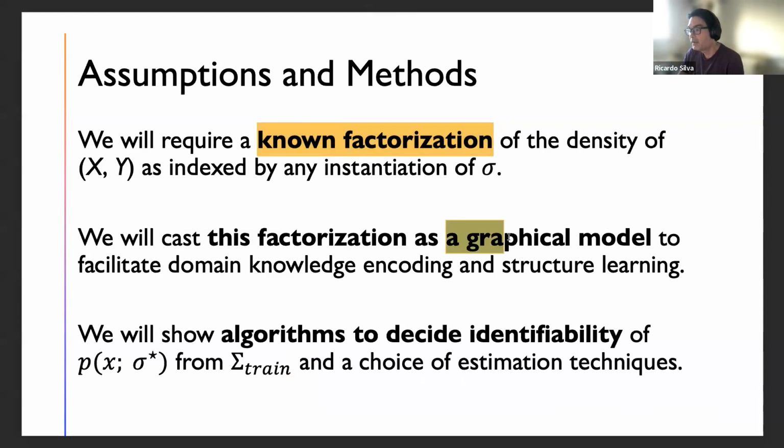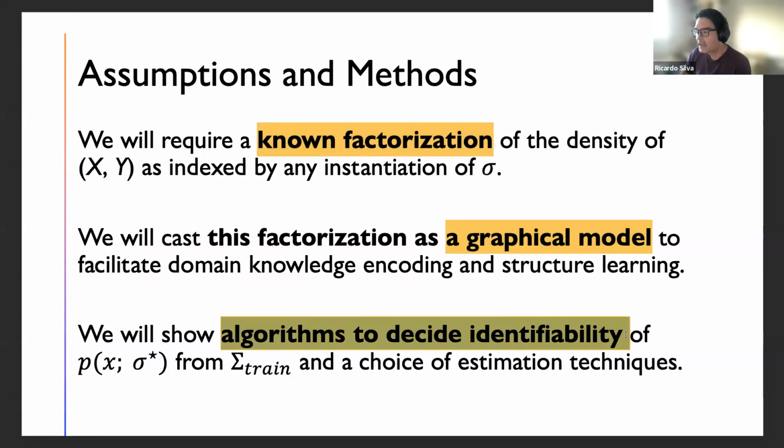It will correspond to some sort of canonical graphical model that will, in one sense, facilitate knowledge elicitation or structural learning for obtaining it. And I'll describe after that how you would be able to say whether from the training regimes you have, you'll be able to piece together information to infer what will happen on the new scenario sigma star.